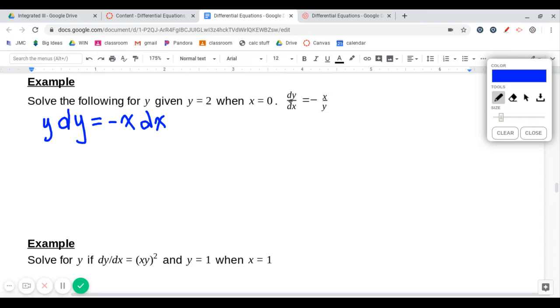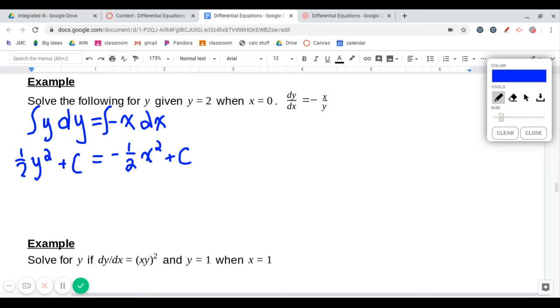So do you see how I multiplied both sides by y to get all of the y's on the left-hand side, and then I multiplied both sides by dx to get all of the x terms on the right-hand side. Now we're going to integrate both sides, and on the left-hand side we get 1/2 y squared plus c. And on the right-hand side we get negative 1/2 x squared plus c. So you might say, well, why do we have two c's here?